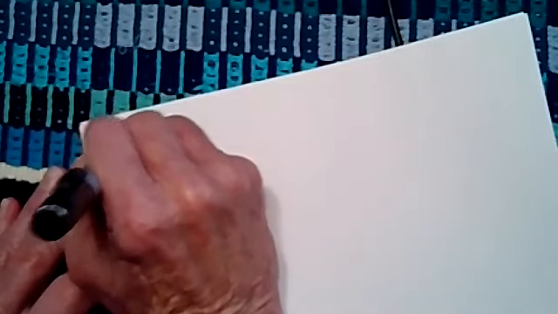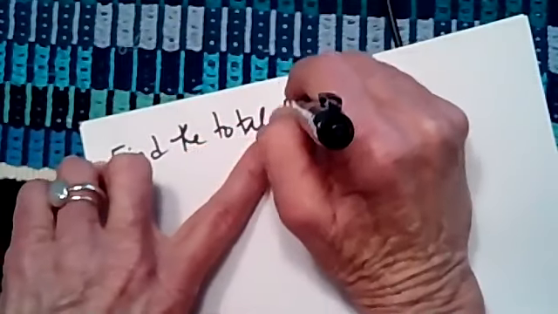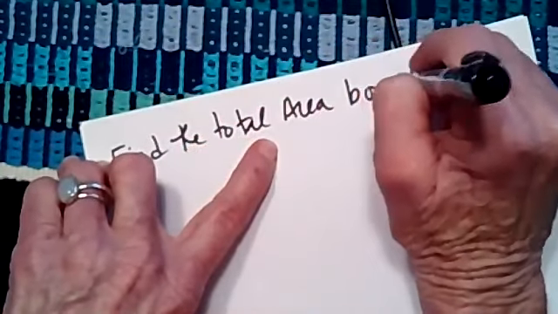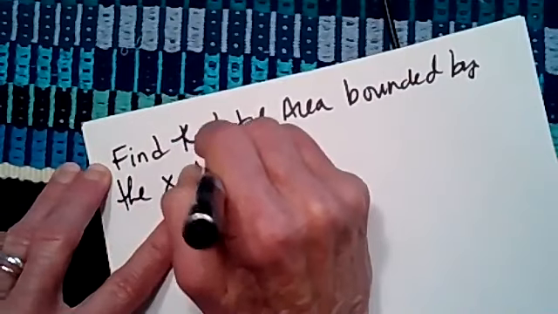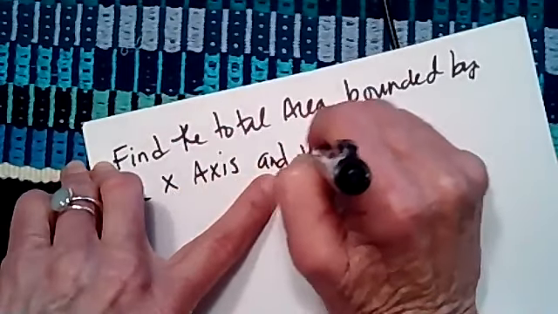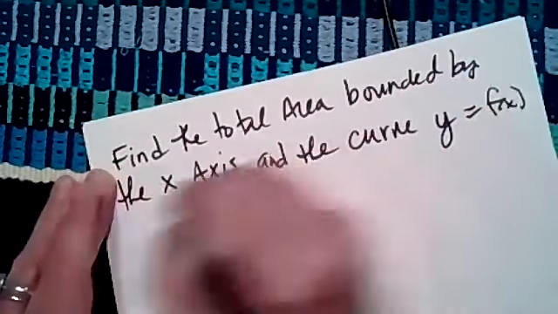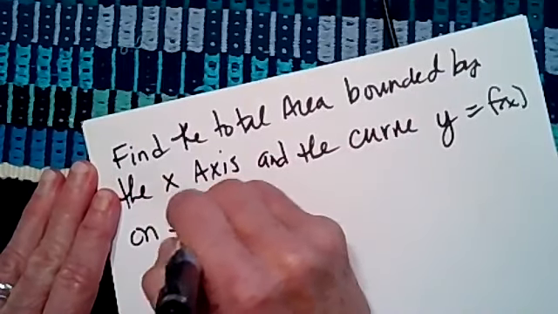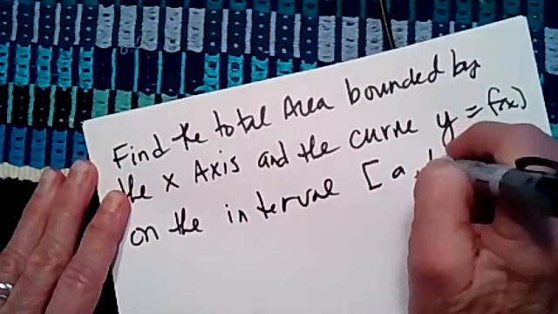So in our homework, it would say find the total area bounded by the x-axis and the curve y equals f of x on the interval a, b.